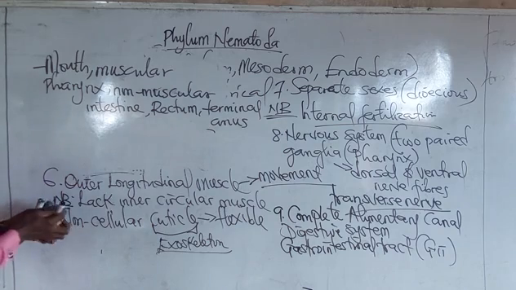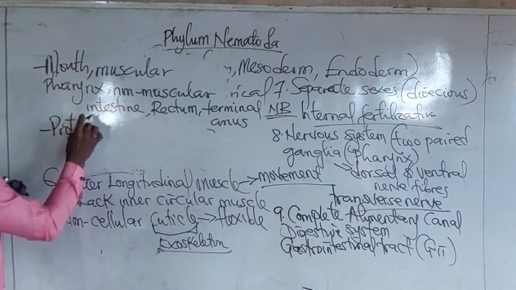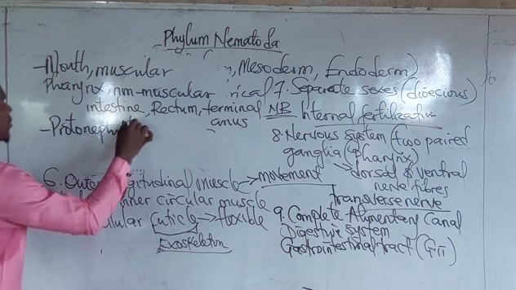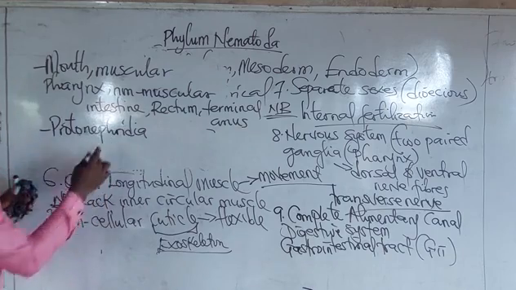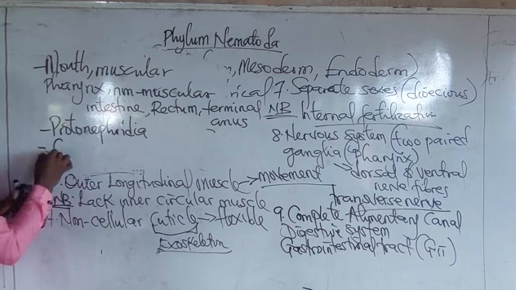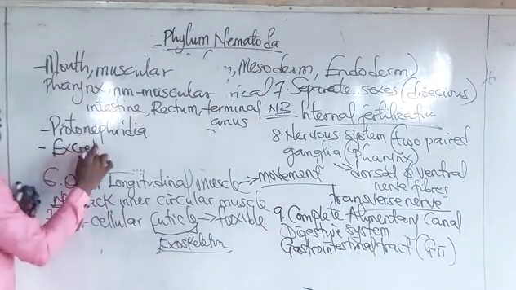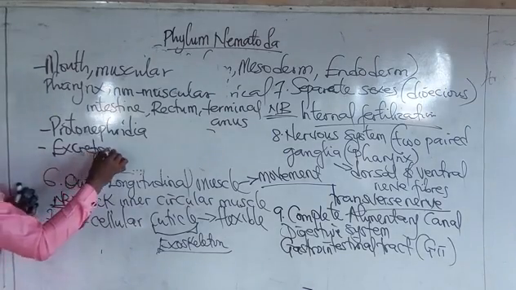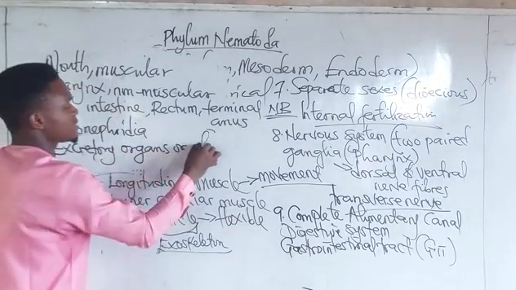These organisms lack protonephridia, all right? They lack protonephridia. Protonephridia is actually made for what? Excretion. Now these guys have their excretory organ, or glands.